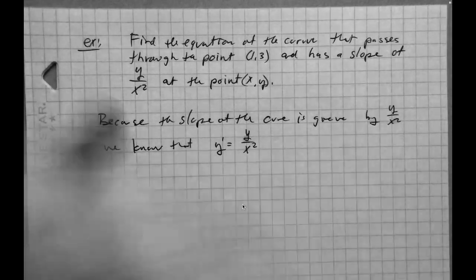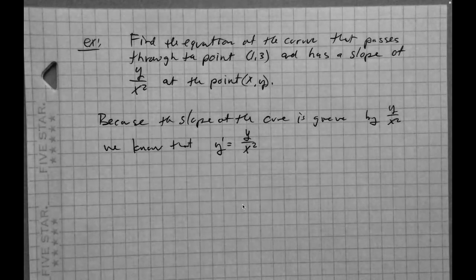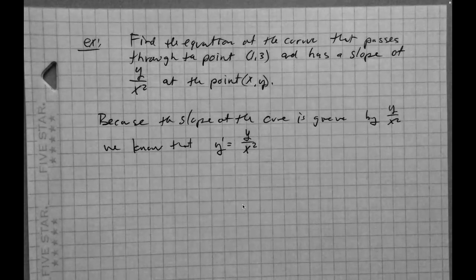That's kind of the cloaked language, a funny way of saying that the derivative y prime is equal to y over x squared. You just have to know that little bit from Calc 1 that, of course, the slope of the curve is given by the derivative.